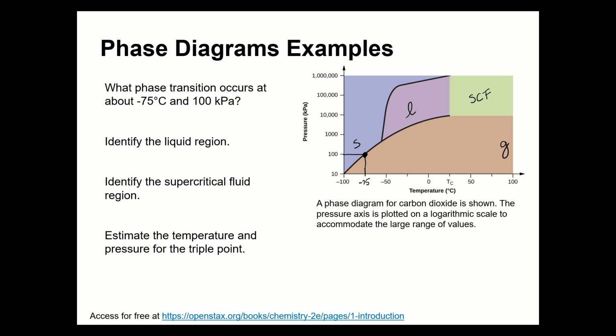So what's happening is that we're going between a solid and a gas. And so depending on the direction that we're going, it would either be sublimation or deposition. I assume if they're trying to go from a solid to a gas, it's probably going to be sublimation. But if we were going in the backwards direction, it could be deposition.